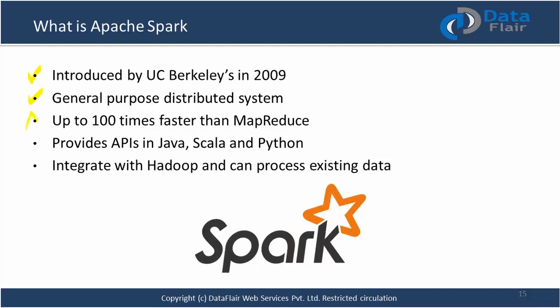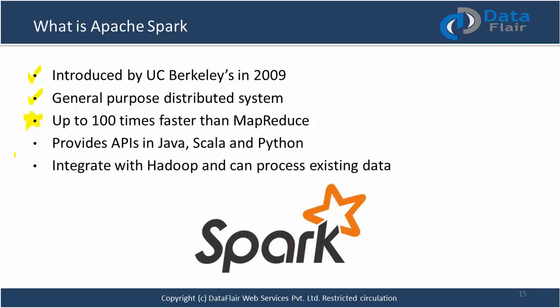Guys, why is Spark in the limelight? It provides up to 100 times faster speed than MapReduce. 100 times faster than MapReduce. You can imagine how industry will run behind this particular component.